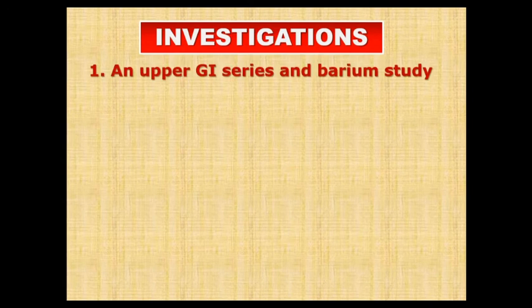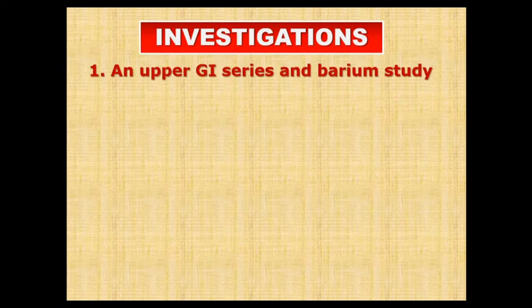Now, after completing the history and physical examination, we will head toward the investigations. Firstly, upper GI series and barium study. This should be considered just when anatomic etiologies of recurrent vomiting are considered, but should not be considered a test for gastroesophageal reflux disease per se.